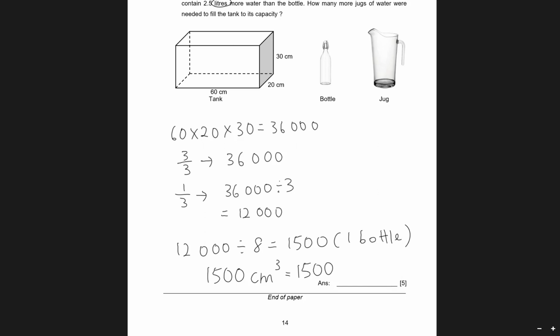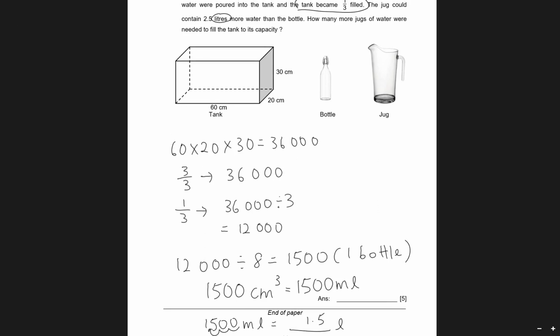So if you recall, cubic centimeter is the same as milliliter, and for 1,500 milliliters to become a liter, small unit to big unit, we need to divide by 1,000. 1, 2, 3. 1.5 liters makes 1,500 cubic centimeters.